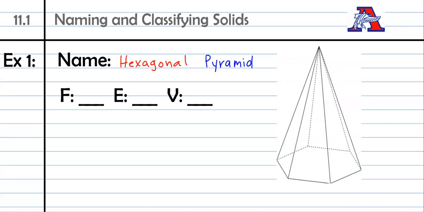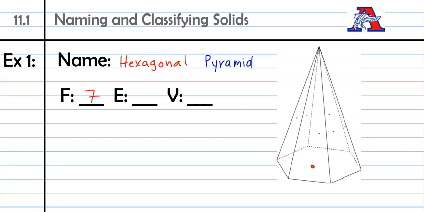And now we're going to go through and do faces, edges, and vertices. Now for faces, we have to count all the flat parts. So we do have to count the base, the bottom, and then we need to count all 6 of these triangles around the lateral sides. Okay, so we actually end up with 7 faces.